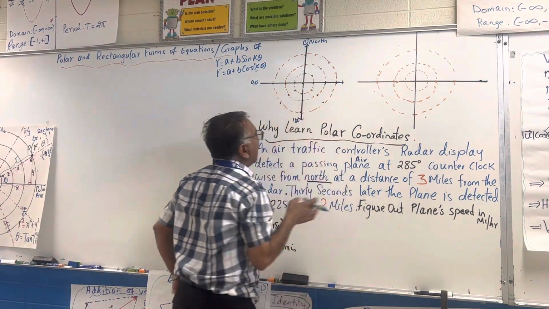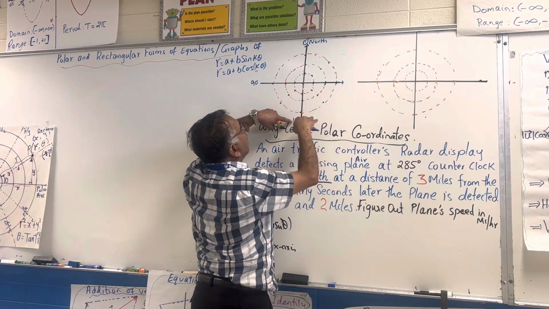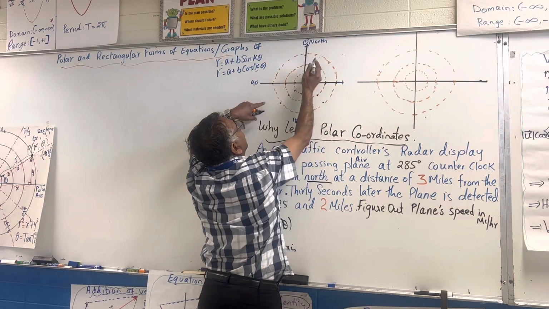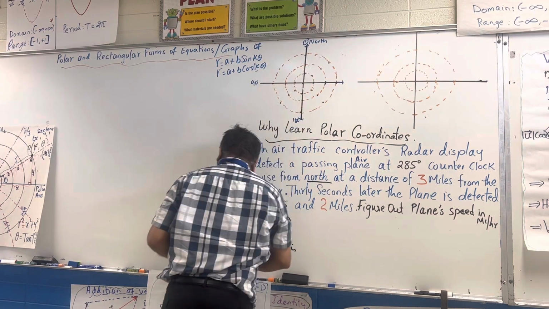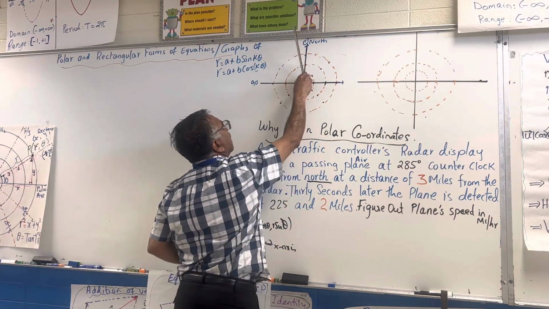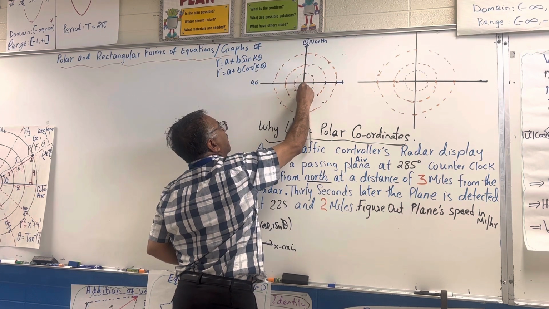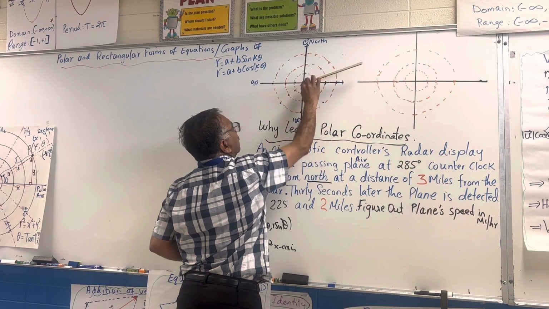Sorry, I confused you. If this is the 0, then from north this will be 90, then 180, then 270, and how much more is 270 to 285?